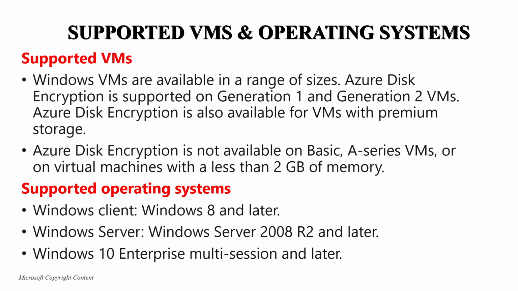So when you hear Gen 1 it means generation 1, and when you hear Gen 2 it means generation 2 VM. Azure Disk Encryption is also available for VMs with premium storage. Now, Azure Disk Encryption is not available on Basic and A-series VMs or on a virtual machine with less than 2 gig of RAM.